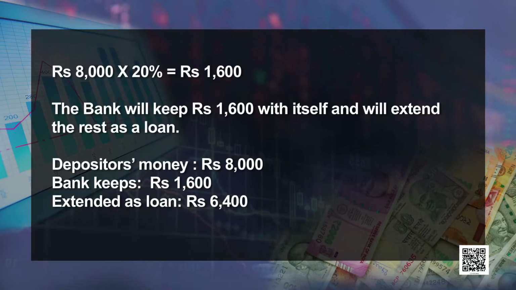Now the borrower will deposit that money into its own bank. The same cycle repeats with the next bank. That bank will also keep a part of the deposit received, that is 8,000, with itself and extend the other as loan. Now let's suppose this bank also keeps 20% of the deposit, that is 8,000 into 20% gives you 1,600. So the bank will keep 1,600 with itself and extend 6,400 rupees as loans.